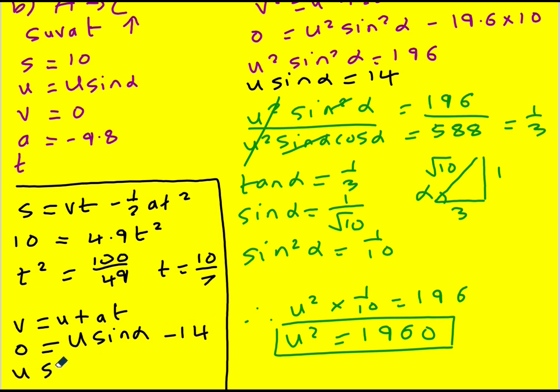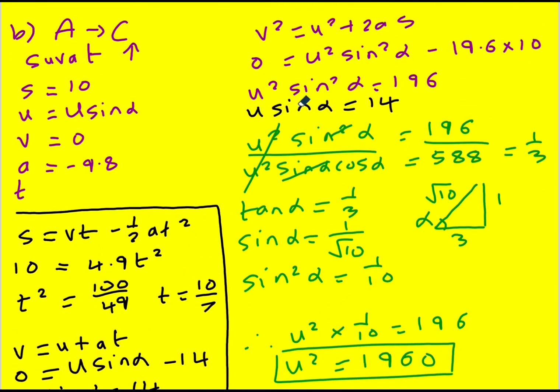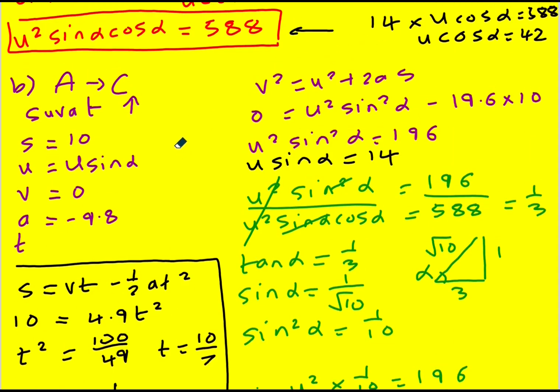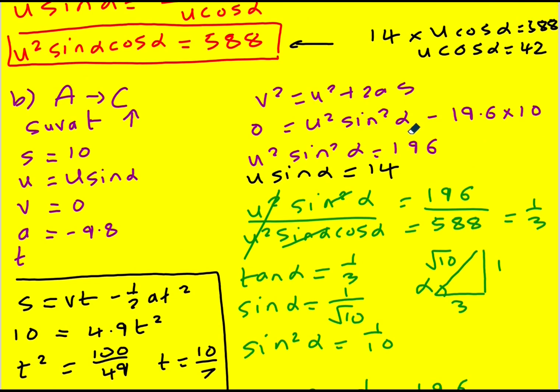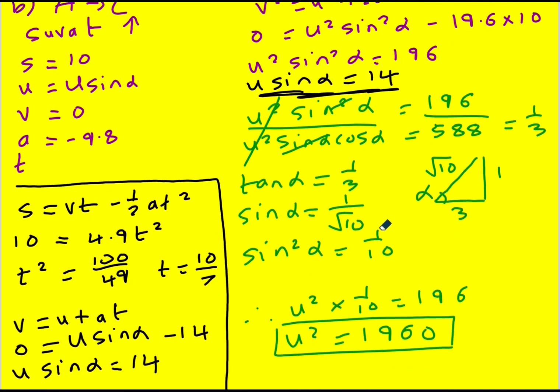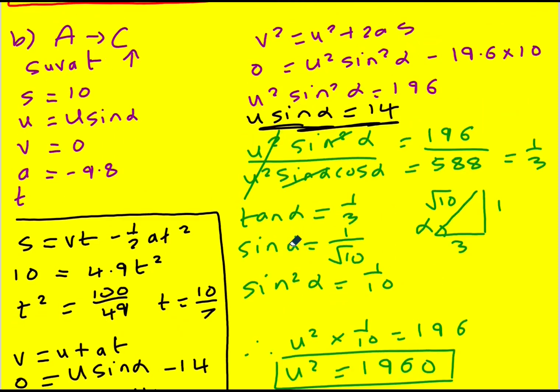So again, I'd get u sine alpha equals 14 that way, which I can then use in one of the methods that I just talked about. I feel like the way I did it is pretty good. Maybe this is a bit simpler to understand than dividing the equations, but at the end of the day, all of these work. There are different routes to getting this u squared is 1960.